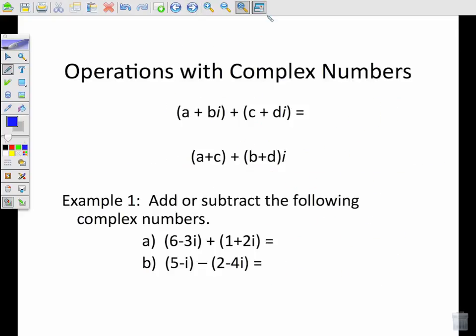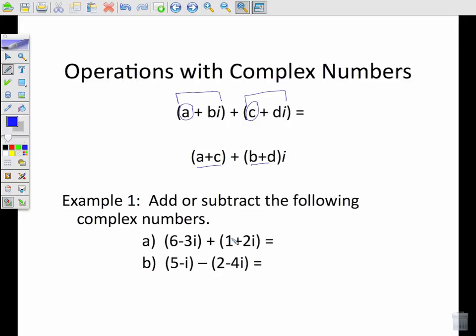Operations with complex numbers. We are going to be able to basically just add like terms. If this is a complex number, a plus bi, and c plus di, the a and the c are like terms, a plus c, and the bi and di are like terms, b plus d. You're just going to be adding like terms.